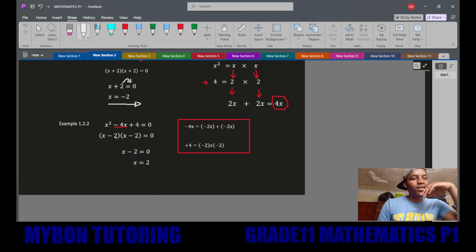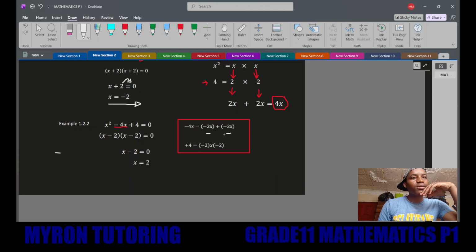And x times -2 is going to be minus 2x. Then -2 times x is going to be what? Minus 2x.